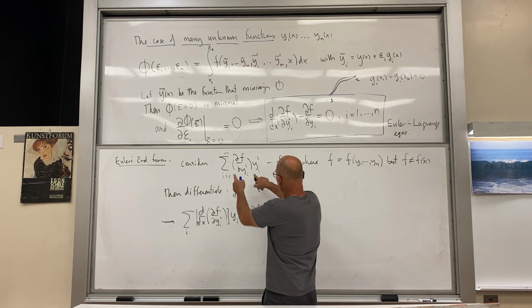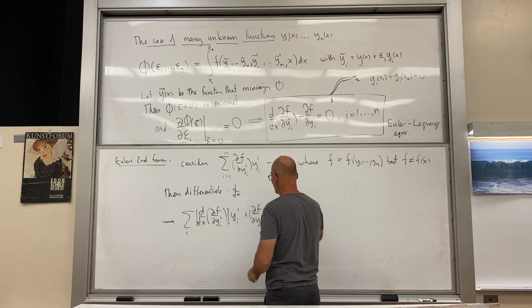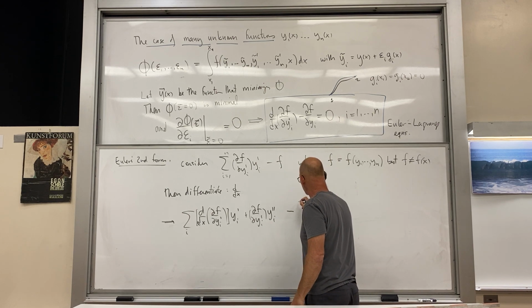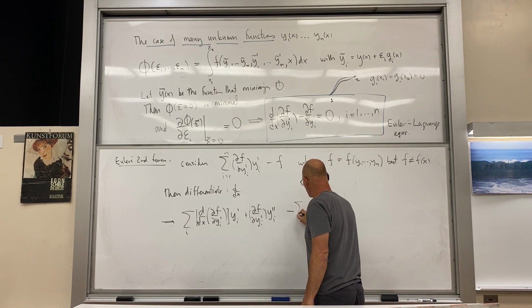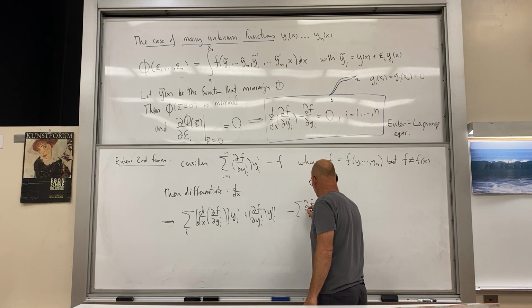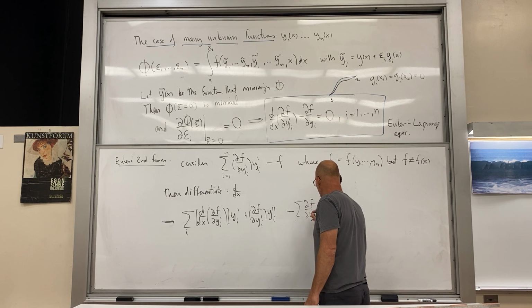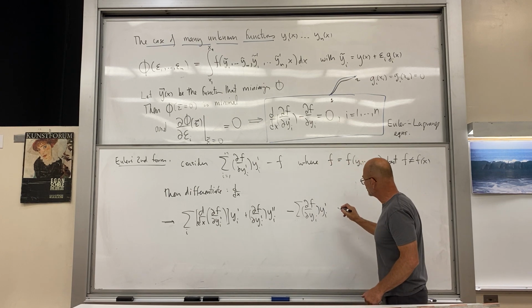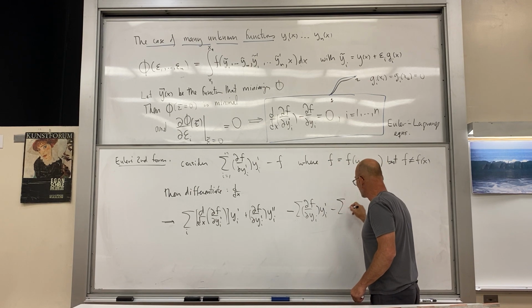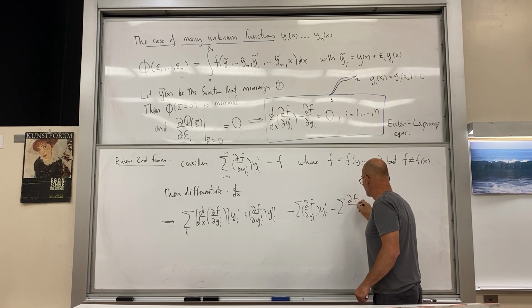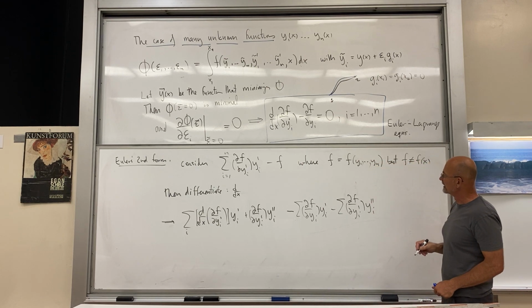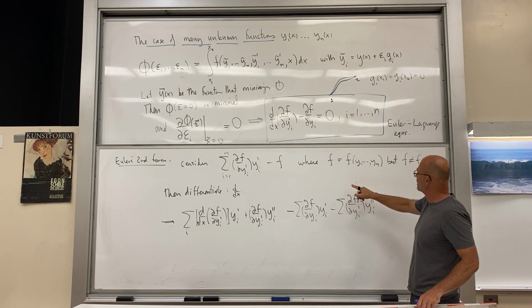Okay, so that's differentiating this. Now I'm going to subtract off, differentiate this f right here, minus sum over df dy sub i, y sub i prime, that's chain rule, minus sum over df dy sub i prime, y sub i double prime. Okay. So that was the chain rule.